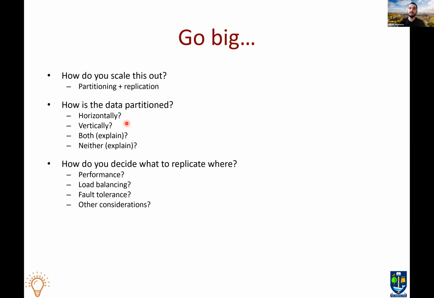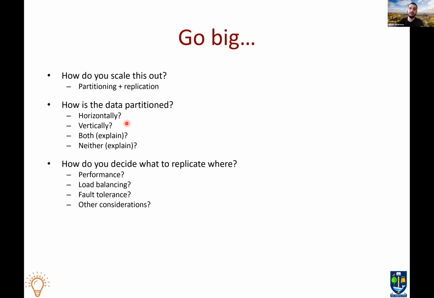And assuming we have some partitioning, and that partition, as I said, defines the unit of replication. So one partition is what I will be replicating around my system. How do I then decide what to replicate where?